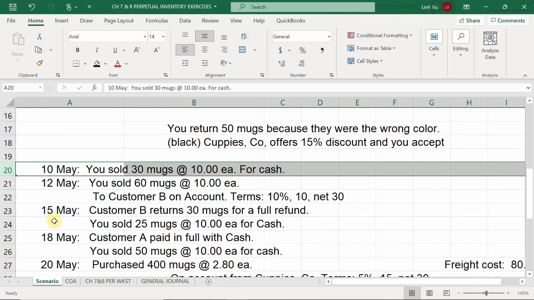So then May 12th rolls around. You end up selling 60 mugs at $10 each to customer B on an account. And you gave him terms of 10% net 30.